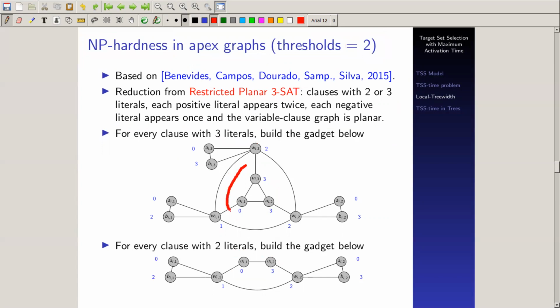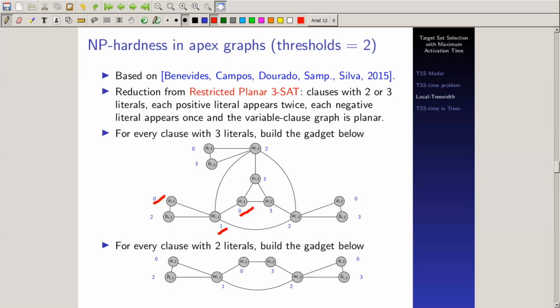Observe that one of these vertices must be in any target set, since the threshold is 2 and they have only one neighbor outside the set. So all other vertices cannot activate these 3 vertices. So suppose we have this vertex in this example. With this, one of these 2 must be in any target set.